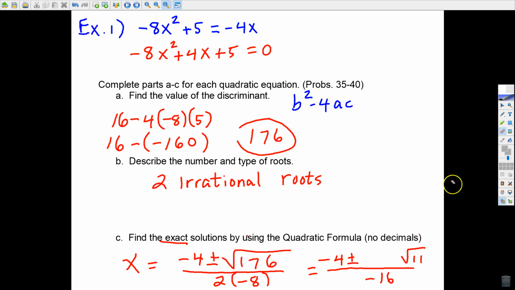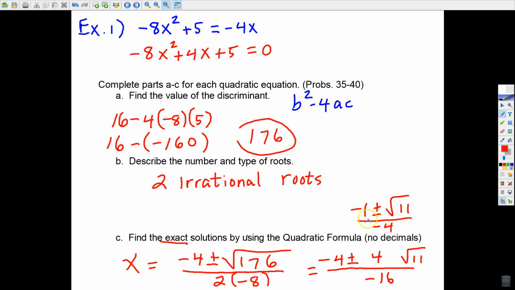And now I can simplify the fraction, because the numbers that are not under the radical can all be divided by 4. So let's go ahead, I'll just come up here and we'll divide by 4 into each of these numbers. Negative 1 plus minus, that's going to be 1 times the square root of 11, over negative 4.